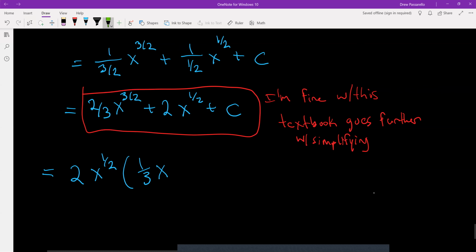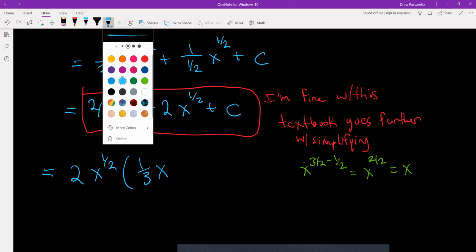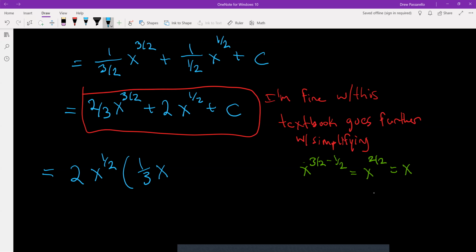So this would be like scratch work off to the side. So you did x to the 3/2, and then you subtract out 1/2. That's x to the 2 over 2, which is just x. So it's 1/3 x, and then plus 1, and plus c, because you're taking away the whole thing, 2x to the 1/2.